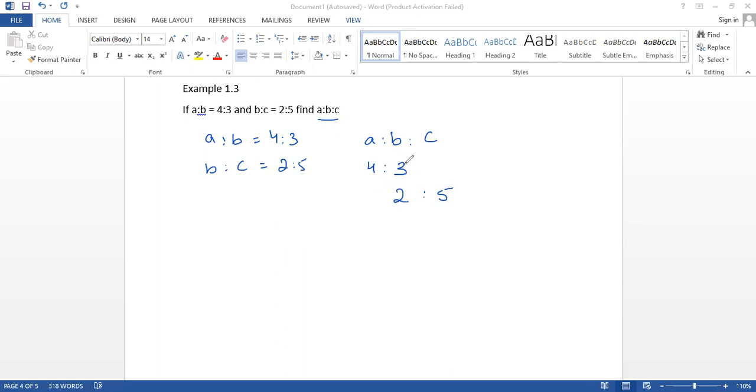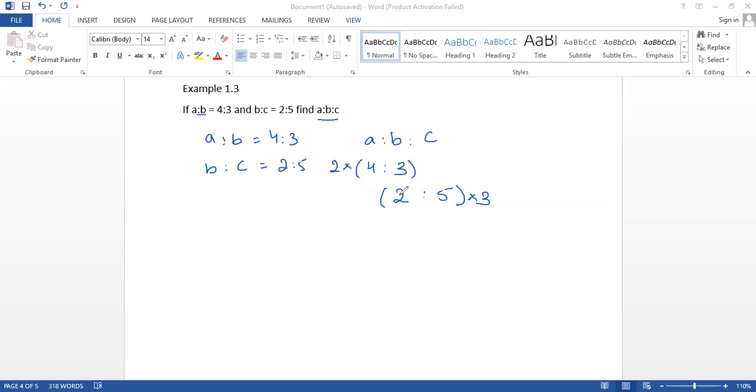So if I want to convert this value and this value into the same number, that means I'll have to multiply this by 2 and multiply this by 3. Essentially, I'm multiplying these two numbers.